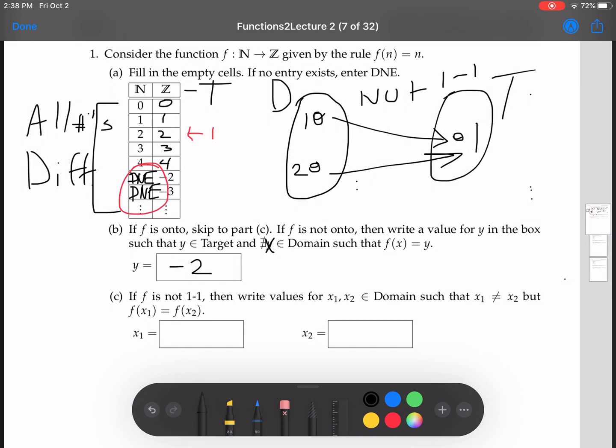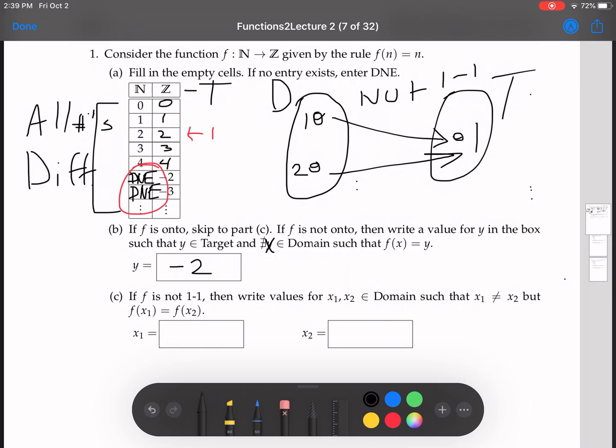So as long as all the numbers are different in the left-hand column, the domain column, if there's any repeated values in the target column, let's call that the target, not the range, then it is not one-to-one.